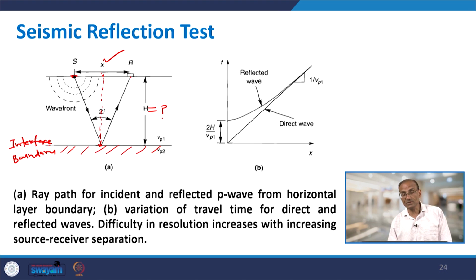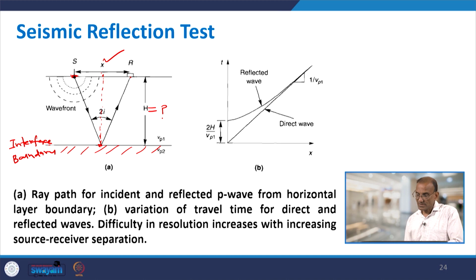One thing is that this test is used not only for finding the wave velocity, but also for determining the thickness of the soil layer. Now, on the right hand side you have the distance versus time curves.